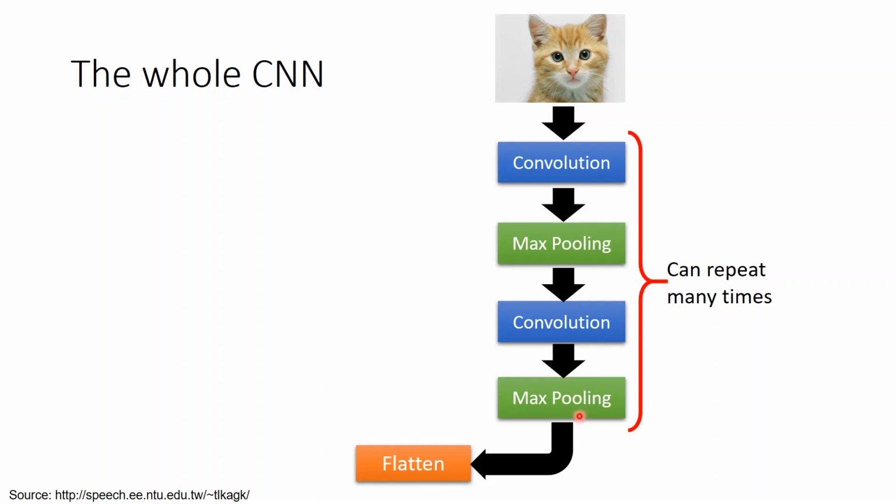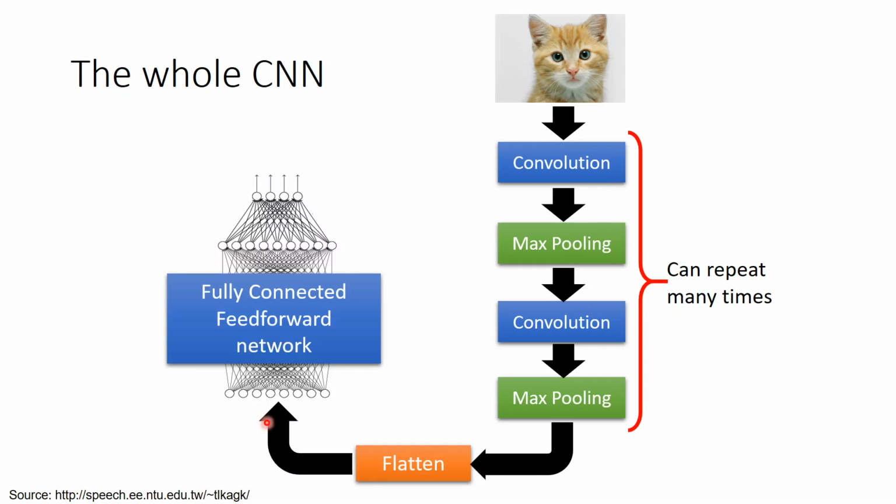After this, the elements go to the flatten, and then to the fully connected network, which does a lot of feature extraction and compression, and then we get the answer.